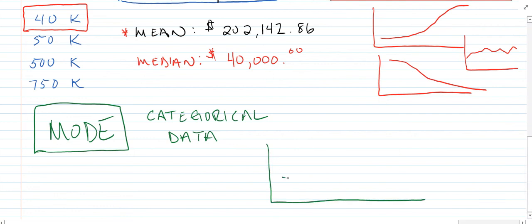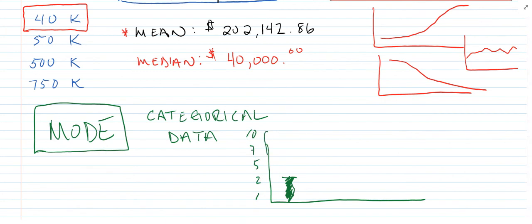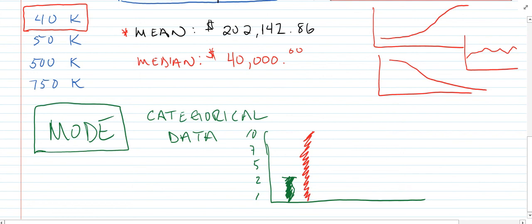This is green, and you have 1, 2, 5, 7, 10. This is how many people like red. This bar is how many people liked the color black. And this is the number of people that liked the color blue.